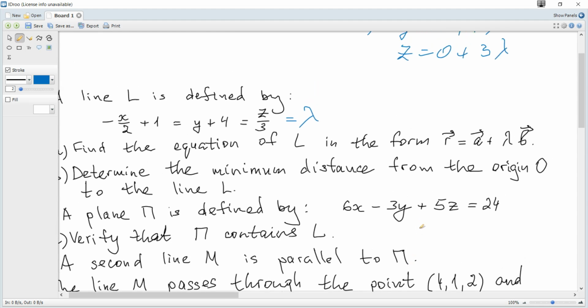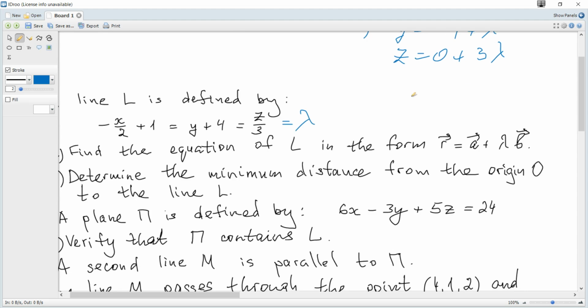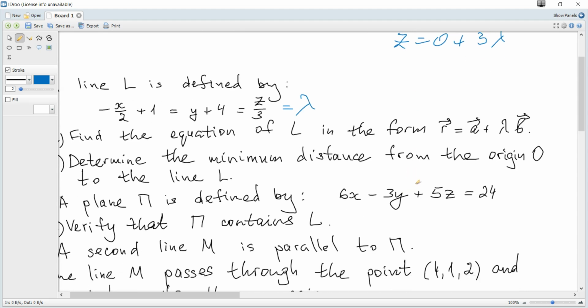If we consider a line, we substitute for x, for y, for z in terms of the parameter, and it must be true for all values of the parameter, and it means that for any lambda, any point on the line lies in the plane.